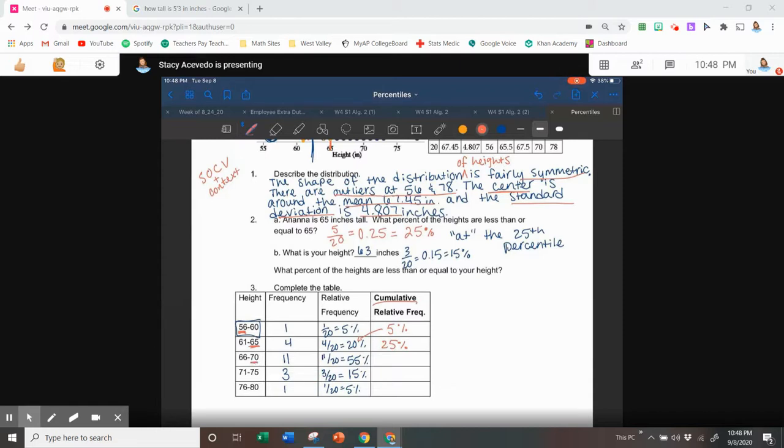Well, we would take then 25 to 55, and you would get 80%. Now 80 plus 15, and you get 95%. From 95, add that 5%, and you get 100%. And that's how we calculate our cumulative relative frequency.